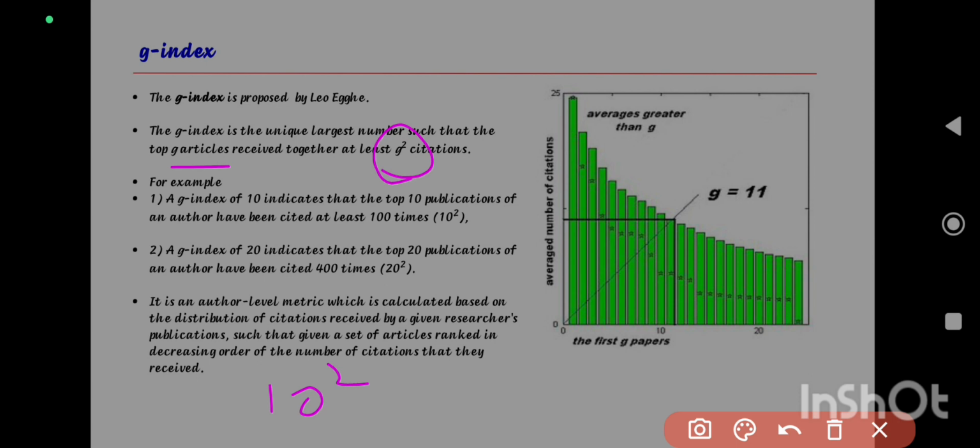For example, if the G index is 10, that indicates that the top 10 publications of an author have been cited at least 100 times, which is 10 square.